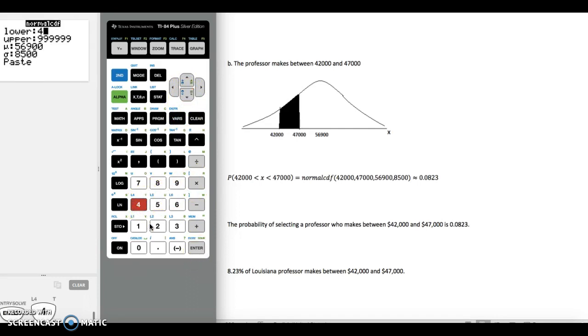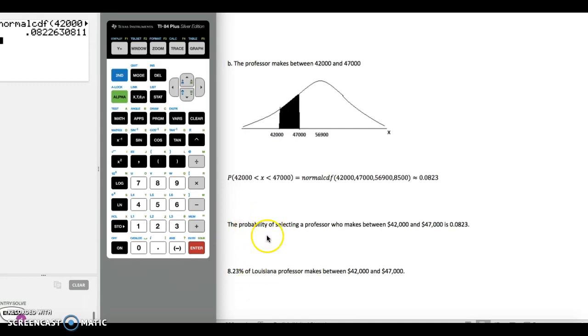So 42,000, 47,000 is your upper bound. Your mean is 56,900, and your standard deviation is 8,500. Press enter, enter, and so approximately 0.0823.